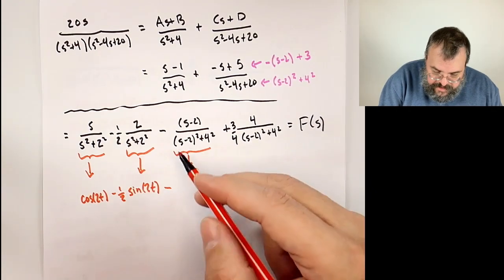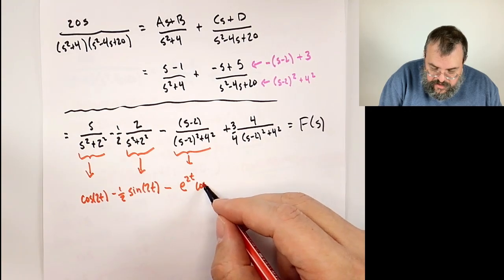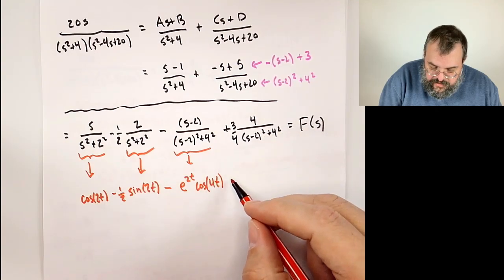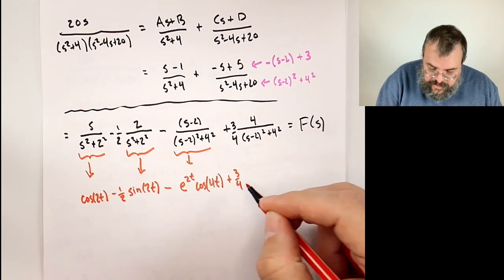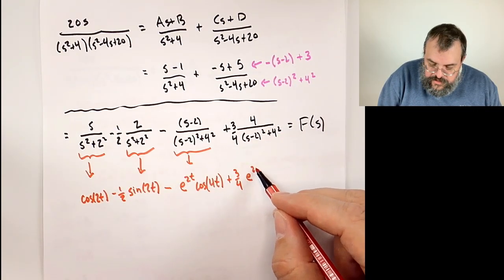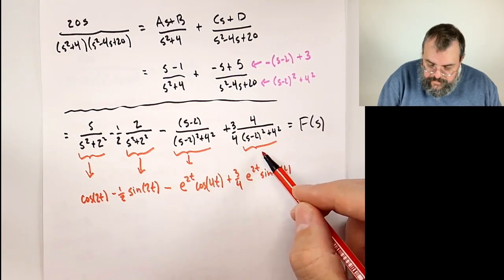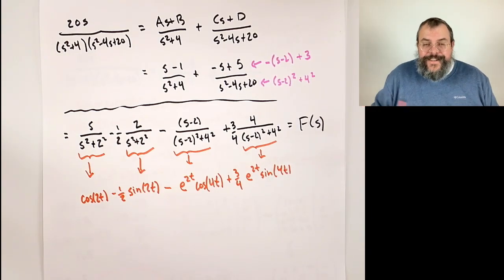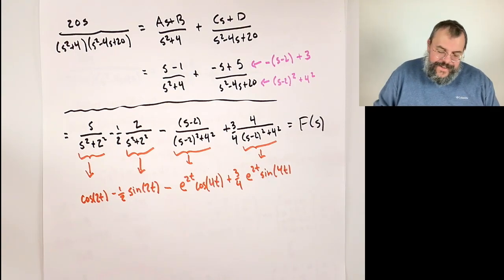This is minus, because of that minus, e to the 2t cosine 4t. And then this last piece, if you had the table, would be the same thing but for sine. So 3/4 e to the 2t sine of 4t. And we're done. Wow. Okay, good, good.